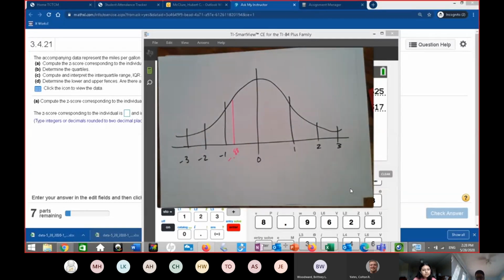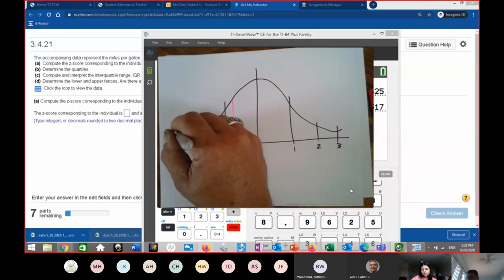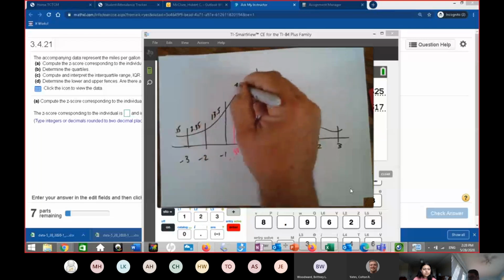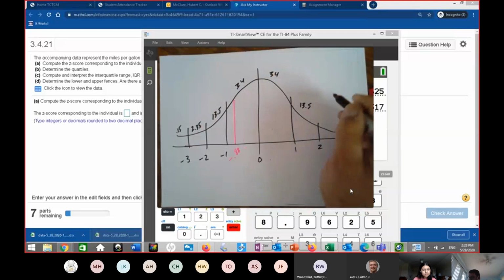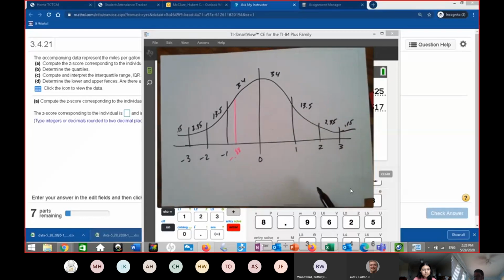So we know that this is 0.15, 2.35, 13.5, 34, 34, 13.5, 2.35, and 0.15.